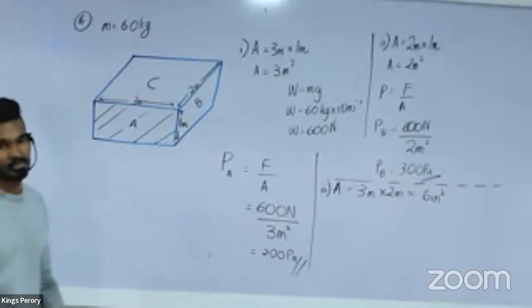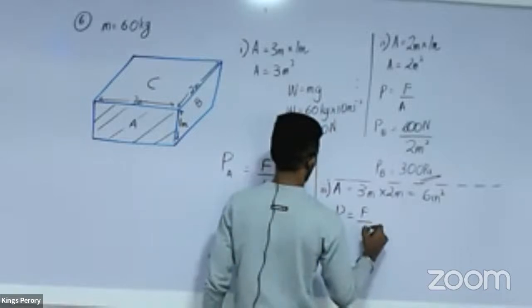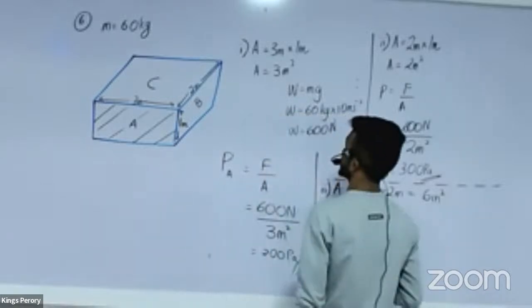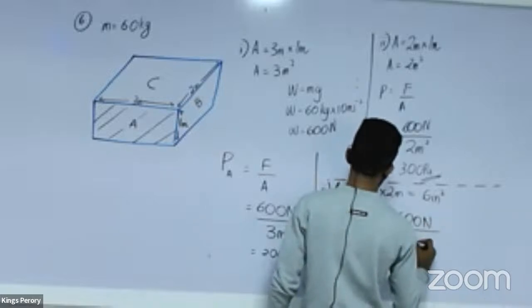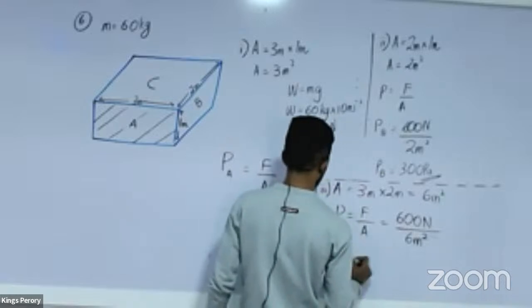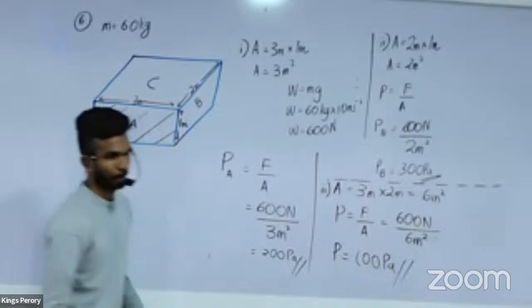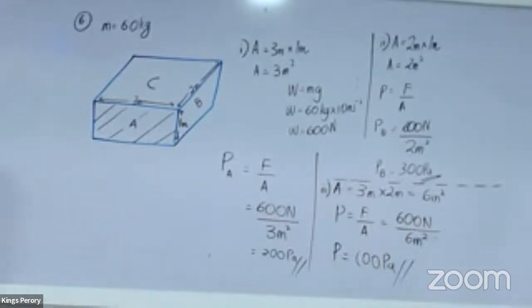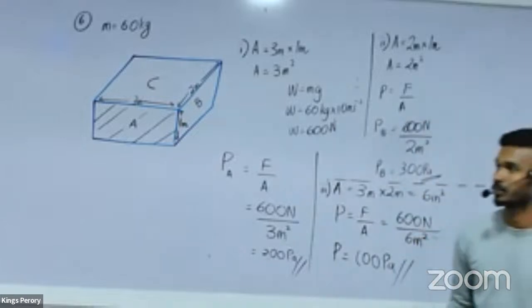Pressure equals force over area. Force is 600 Newton, area 6 meter squared. From there, pressure is 100 Pascal. Okay. Now you've got all these things. Those who are writing, quickly finish it.